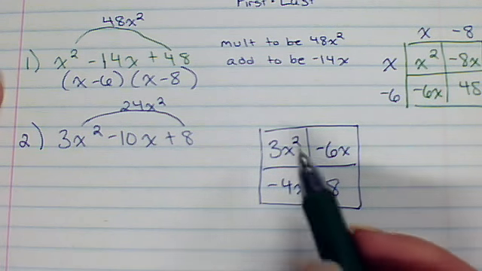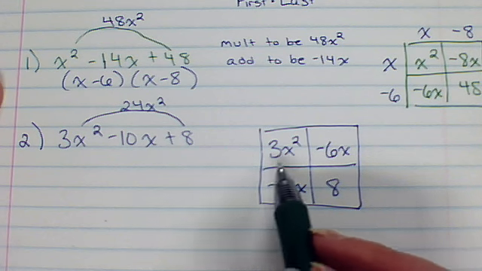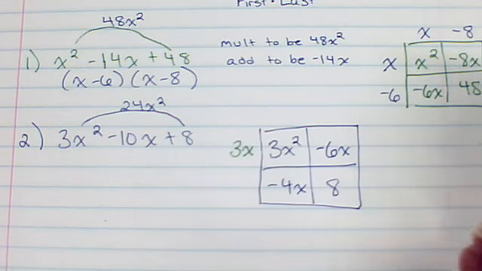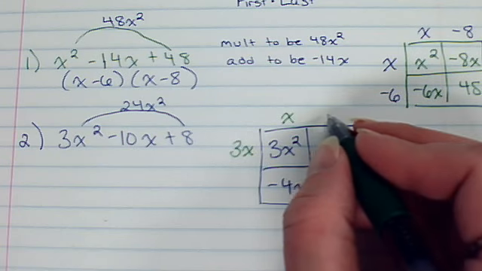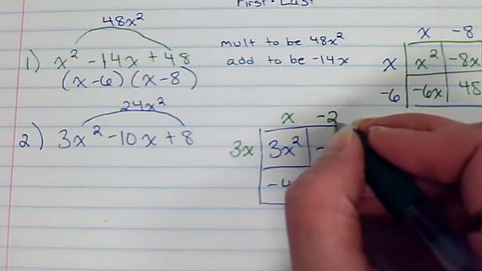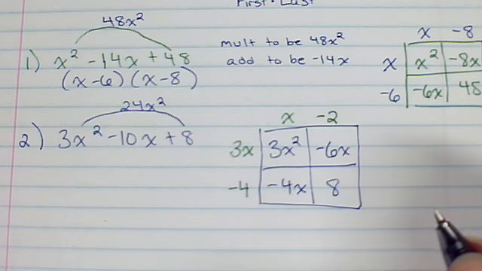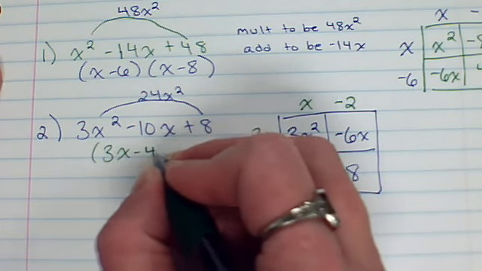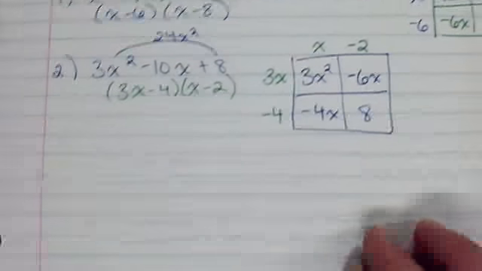Now, what is the GCF of the first row? What do they have in common? What can we undistribute? They're both divisible by 3 and x, so we can factor out a 3x. 3x times what gives me 3x squared? X. 3x times what is negative 6x? Negative 2. X times what is negative 4x? Negative 4. Does negative 4 times negative 2 give me 8? Sure does. So we have 3x minus 4 and x minus 2. Beautiful.